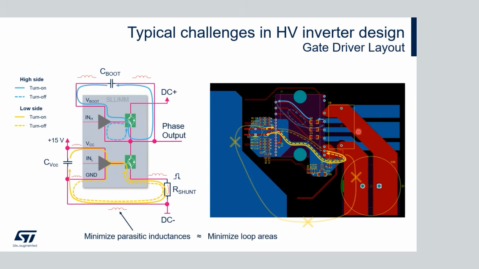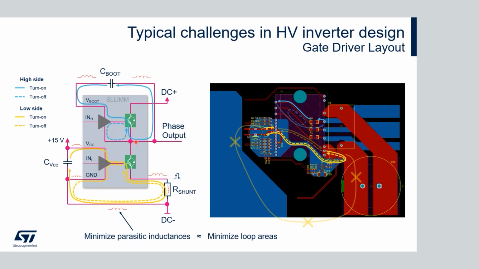And this is mainly in the gate driving loops, and the loops that the current from the gate and to the gate has to take during the turn on and turn off of the power switches. On the high side switch, you can see on the left that this is pretty simple.